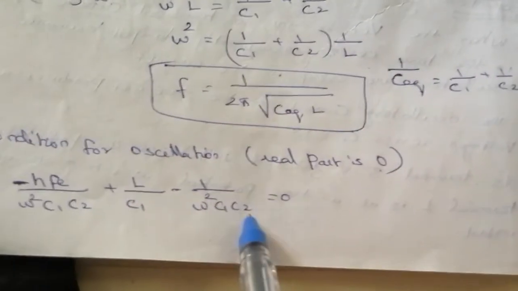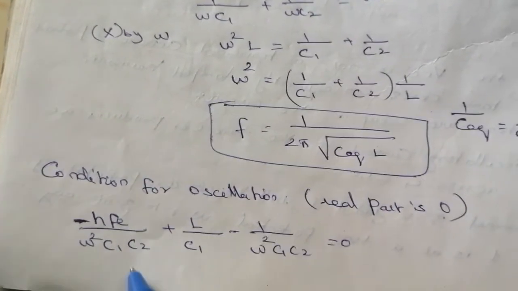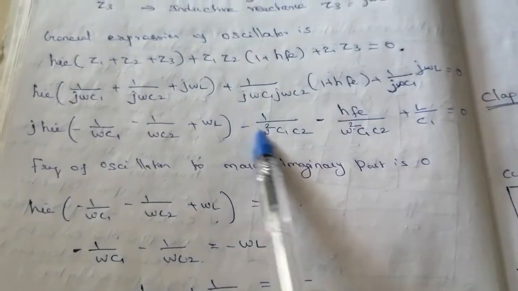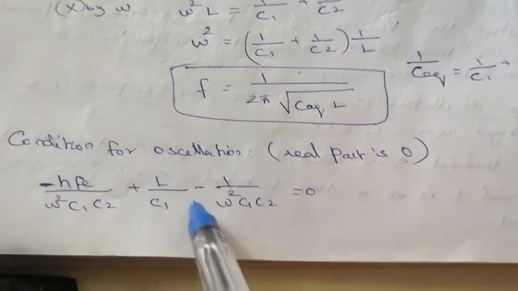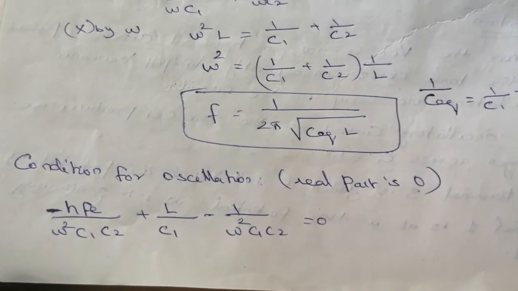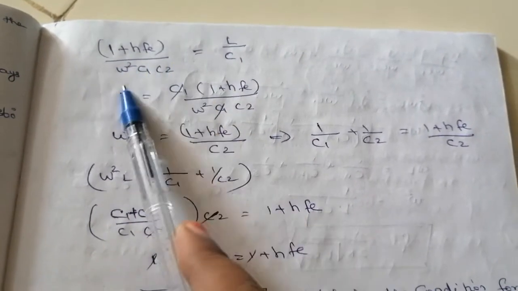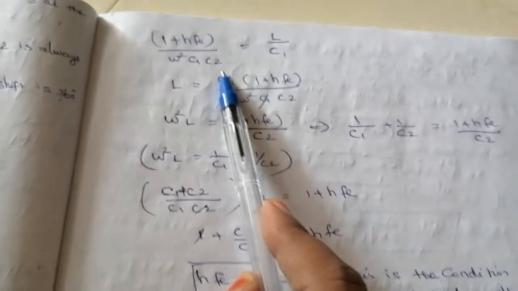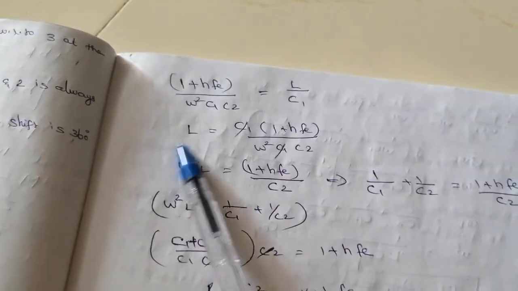Next, the condition for oscillations. Here we assume the real part is 0. The real part is these terms: minus HFE by omega squared C1 C2 plus L by C1 minus 1 by omega squared C1 C2 equals 0. So (1 plus HFE) by omega squared C1 C2 equals L by C1.